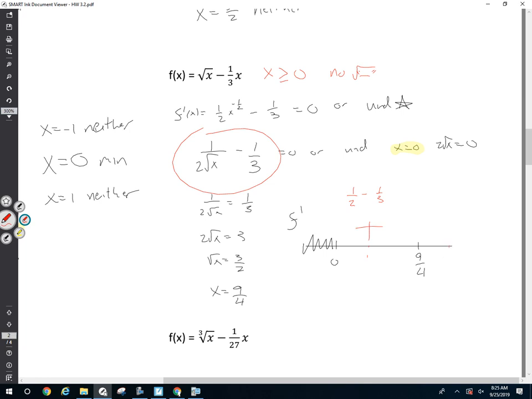If I plug in something bigger than 9/4, I know I'm going to plug it into a square root, so might as well use something you can easily take the square root of, like 4. Because I have 1 over 2 times 2, which is 1/4, minus a third. A fourth minus a third is negative. So I know that f, starting at 0, is going to go up, but after 9/4, it's going to go down. So x equals 9/4 is going to be a max.